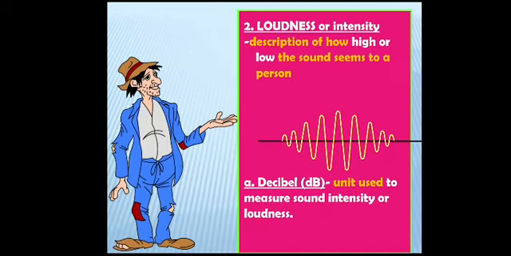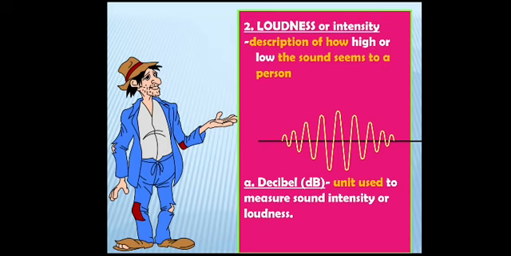The next property is loudness. You tell me, ma'am, he is shouting in the class near my ears. He talks loud. How can you judge whether the sound is loud or soft, gentle? It is by the loudness or intensity of the sound waves.